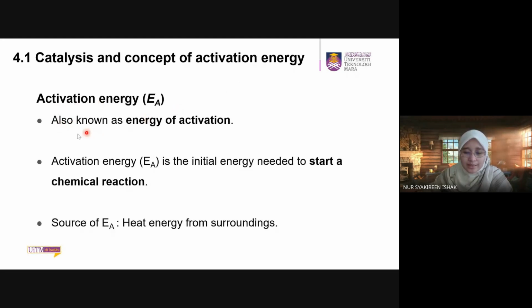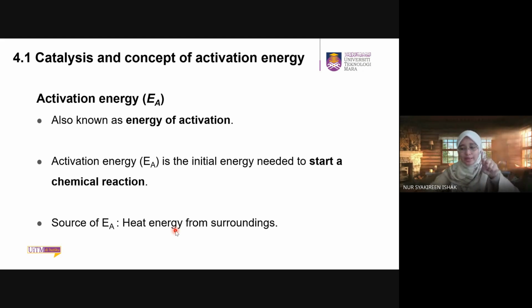Activation energy, the symbol is Ea, with a subscript, is also known as energy of activation. This is the definition: it is the initial energy needed to start a chemical reaction. The source of the activation energy is heat from the surrounding.